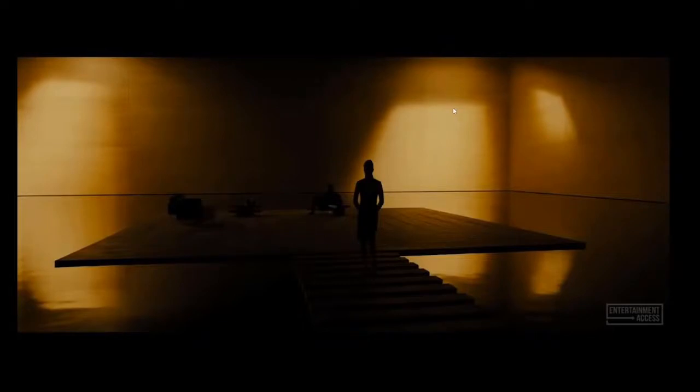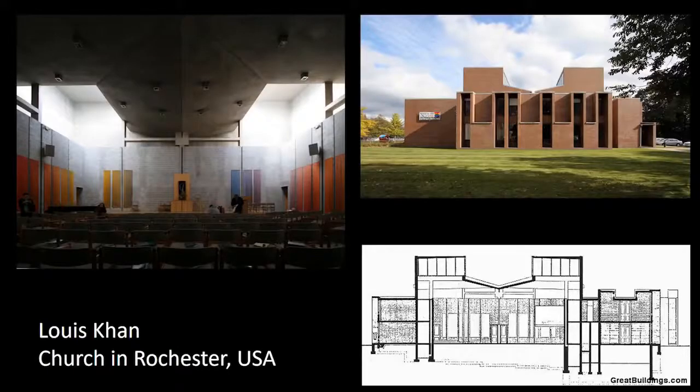It made me think of this other project by Louis Kahn in Rochester in North America. The interesting thing here is how the light source is hidden due to the way the light comes in through this glazing and bounces on the wall, and you don't see the opening. So it made me think of that.